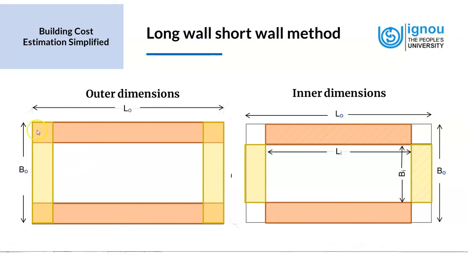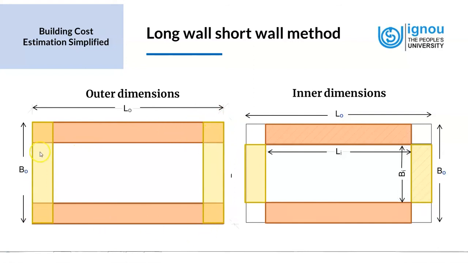For example, if we are doing the excavation, and for that we first take the length as L0 plus B0 plus L0 plus B0, if that is the perimeter that we take, then we find that at the corners we are actually taking L0, and this portion of B0 has also already been considered in the L0 part.